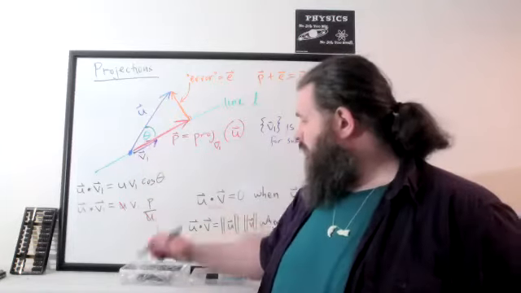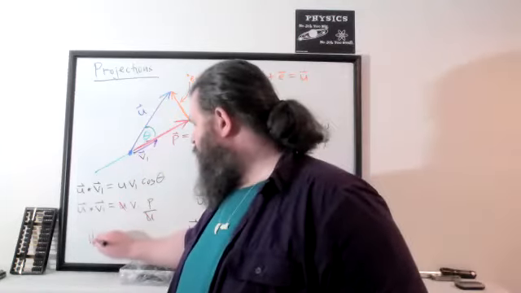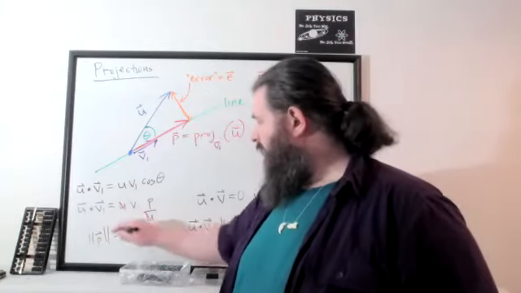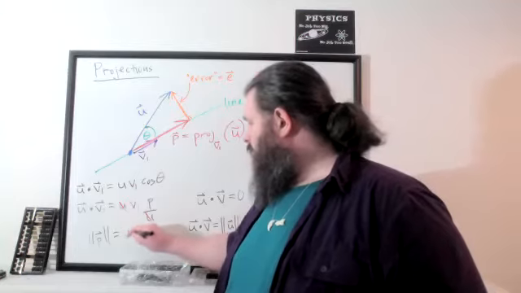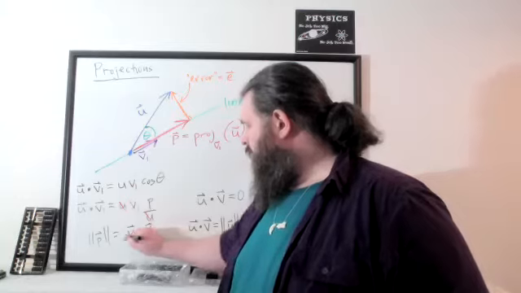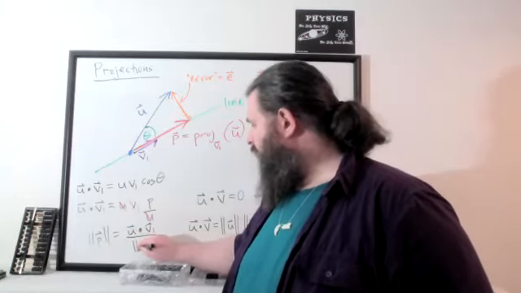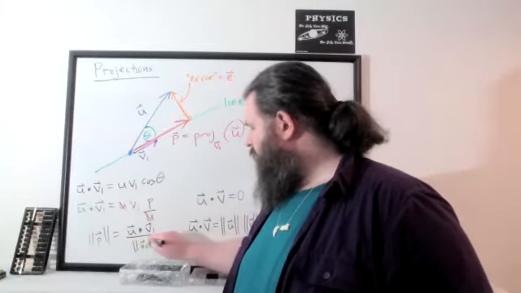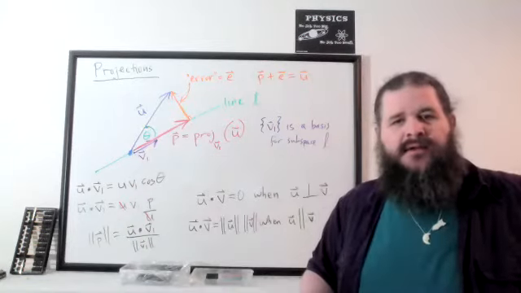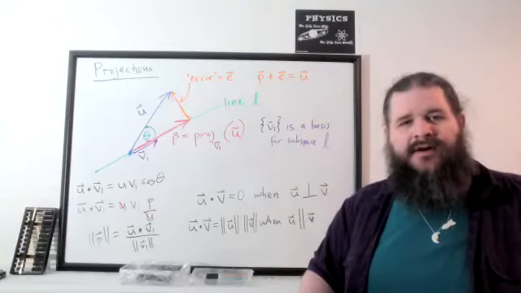And we can then solve for at least the magnitude of the projection by saying magnitude of the projection, just divide by magnitude v1. Magnitude of the projection is going to be u dot v1 divided by magnitude of v1. That at least tells us how large the projection is. Any questions on the geometry there so far?